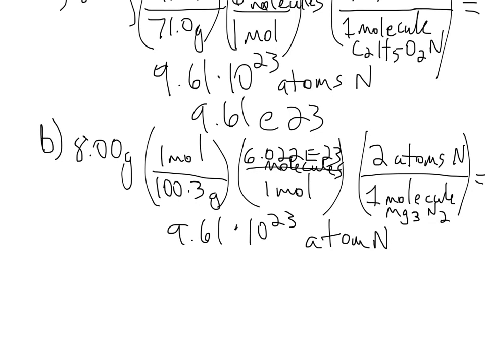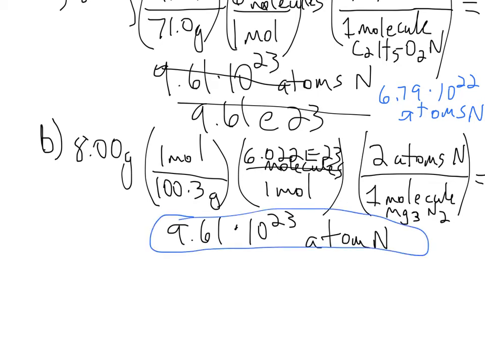This one is actually 6.79 times 10 to the 22nd atoms of nitrogen. B's answer is correctly written as 9.61 times 10 to the 23rd.